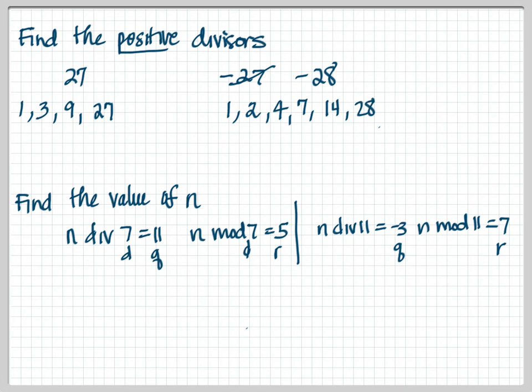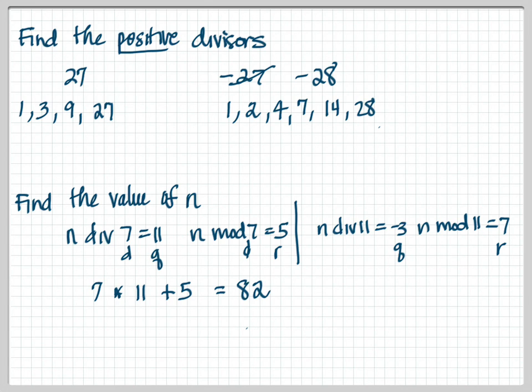In this example here on the left, when I have a number and I divide it by 7 and it gives me 11, and then I have a number divided by 7 and the remainder is 5, I know I can take 7 times 11 plus the remainder, and that will get me to my original number, which is 82.